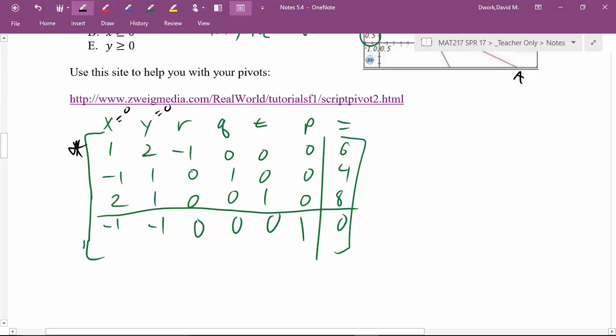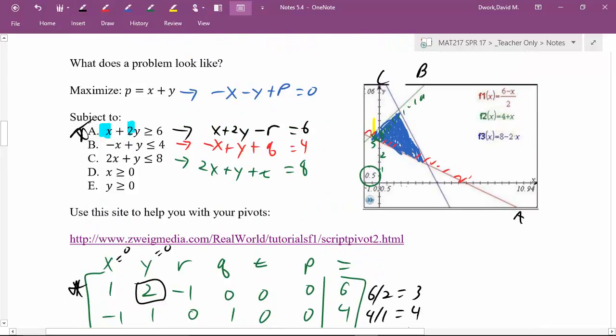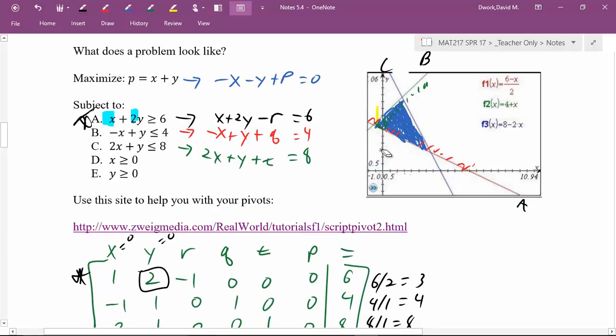So I still check my ratios just like we do in standard simplex. 6 divided by 2 equals 3, 4 divided by 1 equals 4, and 8 divided by 1 equals 8.